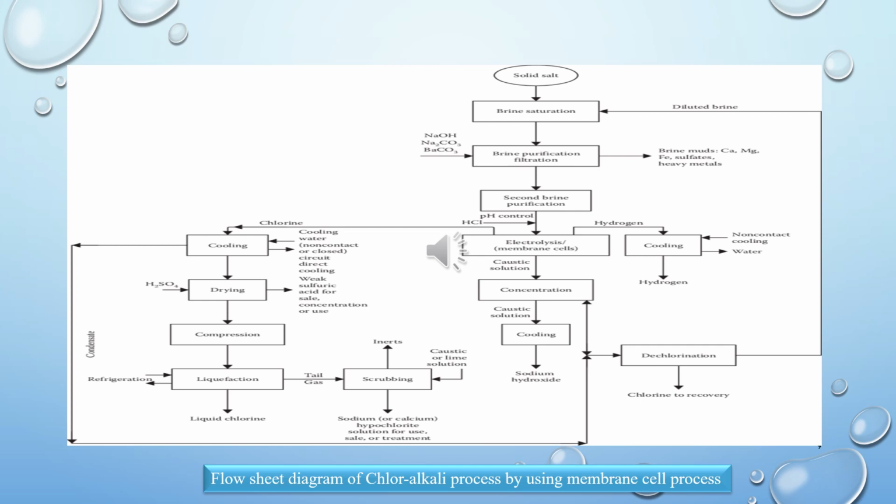Similarly, the chlorine is separated, cooled down, dried, compressed and used for different purposes. So students, this was the explanation of the flow sheet diagram of the chloralkali process through the membrane cell process.